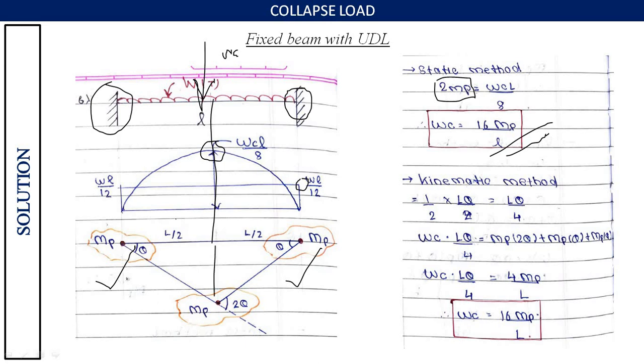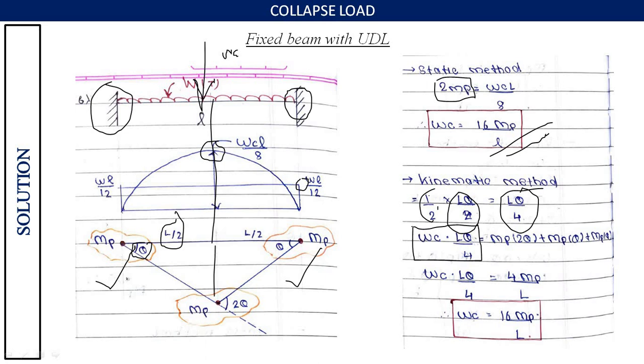The deflection value will be L by 2 into theta. As it is a UDL, we have to add half, so half into L theta by 2, which will be L theta by 4. So due to external load, it will be WC into L theta by 4.